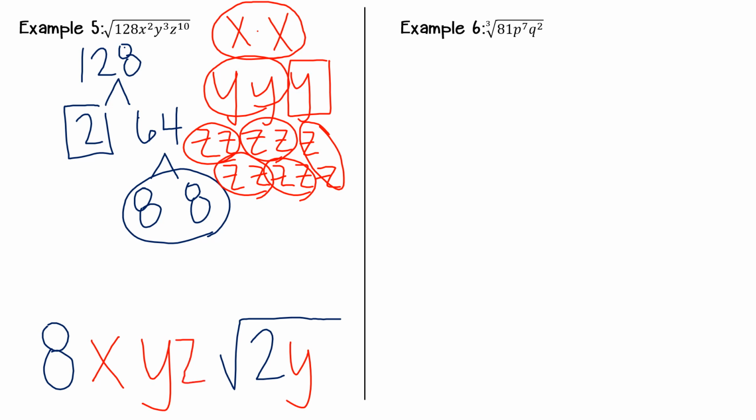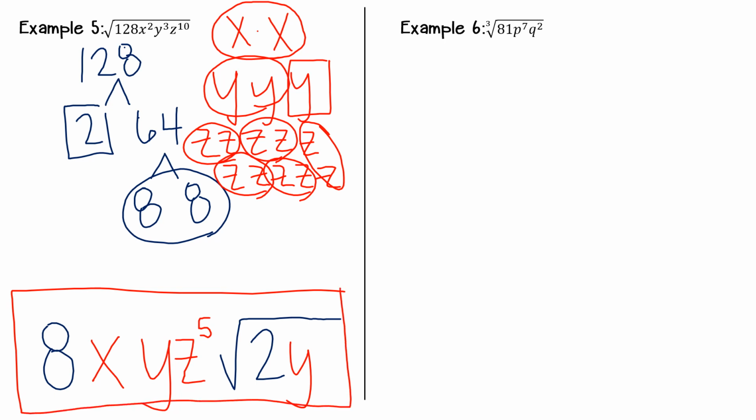So this would be z to the 5th power and no single z's. So this would be my final answer. And just be careful with your notation. Z to the 5th, if that 5 kind of slides over and it looks like the 5th root, that would be incorrect. And especially on the next problem when I do have a cubed root, make sure that you can tell the difference between your exponents and the root that is in front of the square root.